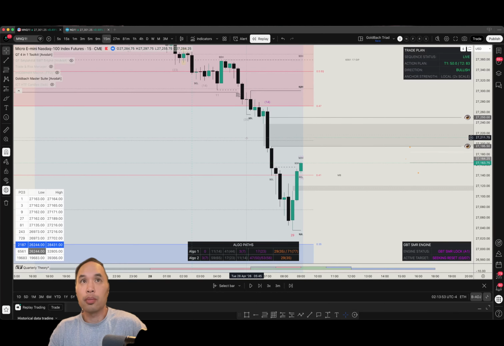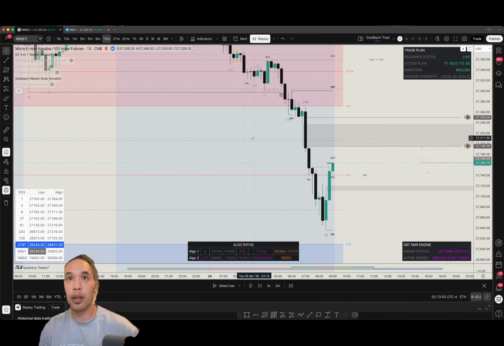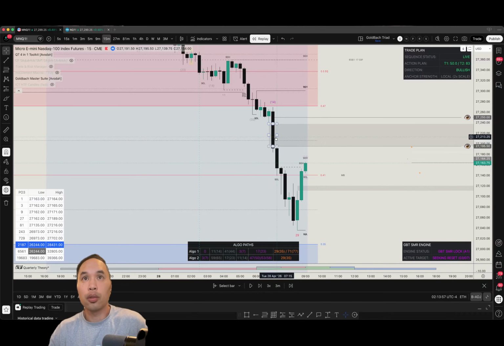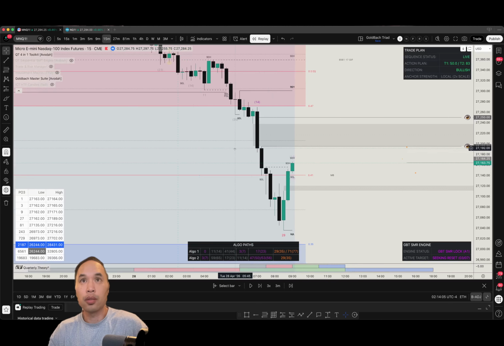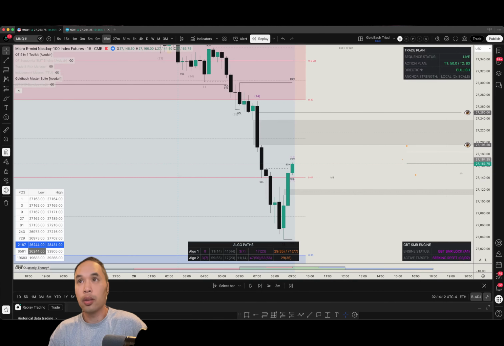So the most important points of interest or PD arrays to mark out are the ones that line up with those levels. This 15-minute gap lined up with the mid-level between 41 and 47, right? So that's how I'm lining that up. I'm looking at that as my first initial draw on liquidity.